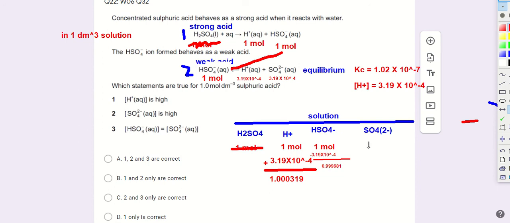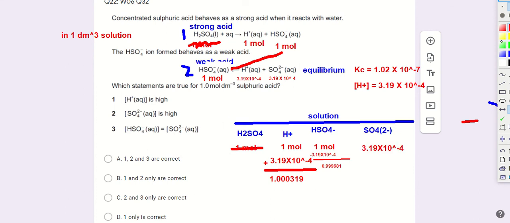Then sulfate ion. Remember sulfate ion? Because you didn't get sulfate ion from the earlier dissociation, you only get it from dissociation of hydrogen sulfate ion. So at the end, this one is 3.19 times 10 to the power negative 4.